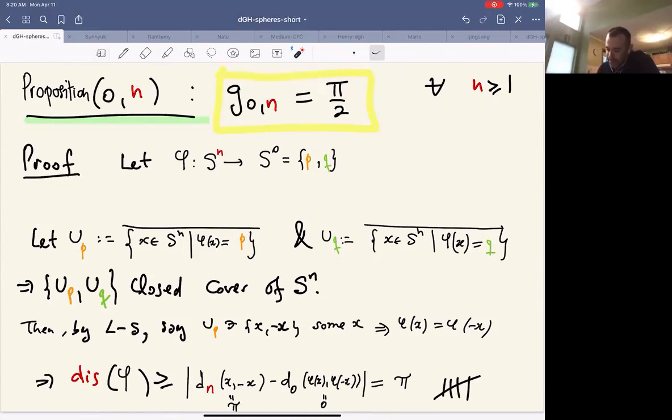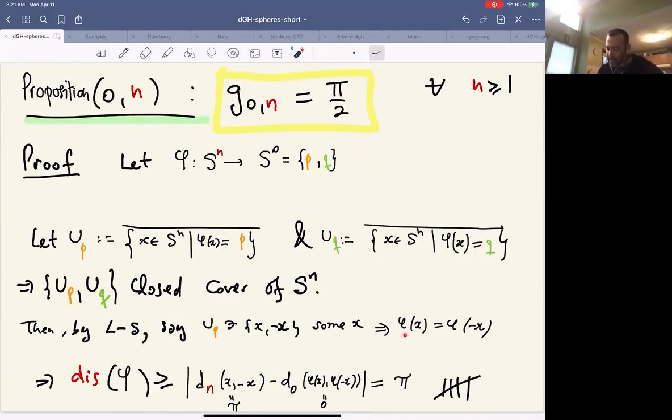And U_Q will be the closure of the set of points in S^n that map to Q. So then U_P and U_Q form a closed cover of S^n. So by Lusternik-Schnirelmann, one of the two contains a pair of antipodal points, antipodal points that get mapped to the same point P or Q under phi.